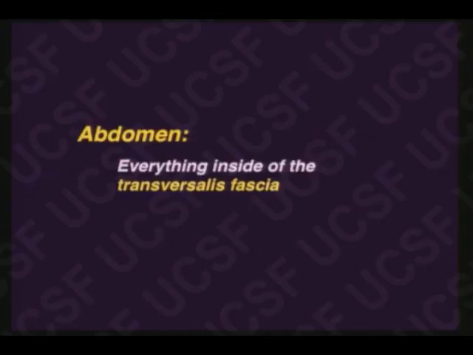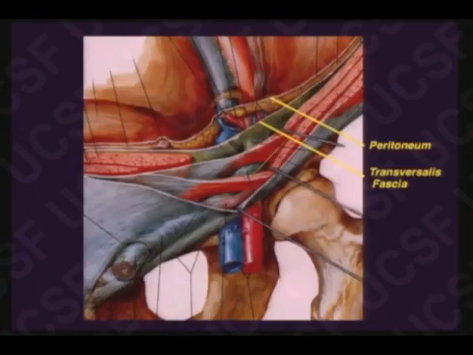There are many definitions for what is the abdomen, but the simplest definition is everything inside of the transversalis fascia. So how do we find the transversalis fascia? Well, you can start anywhere on the abdominal wall, I don't care where you start. Start in the thorax, start in the perineum, start in the back, start on the side, start in the front.